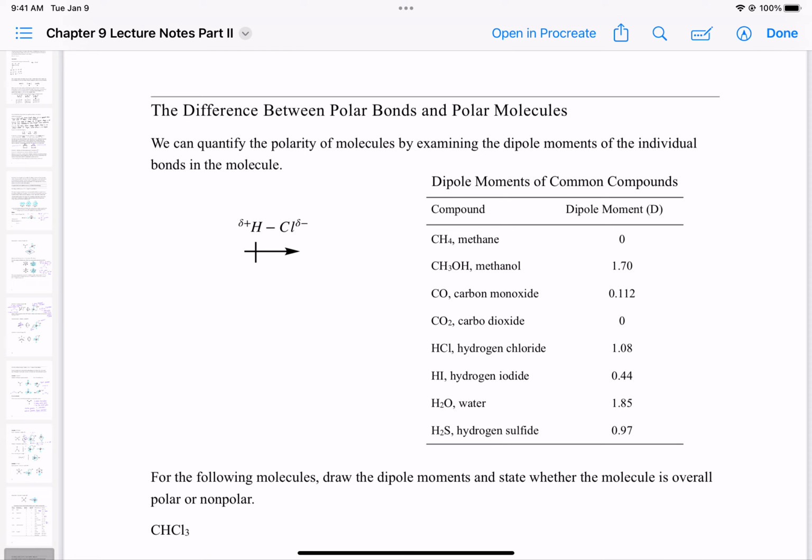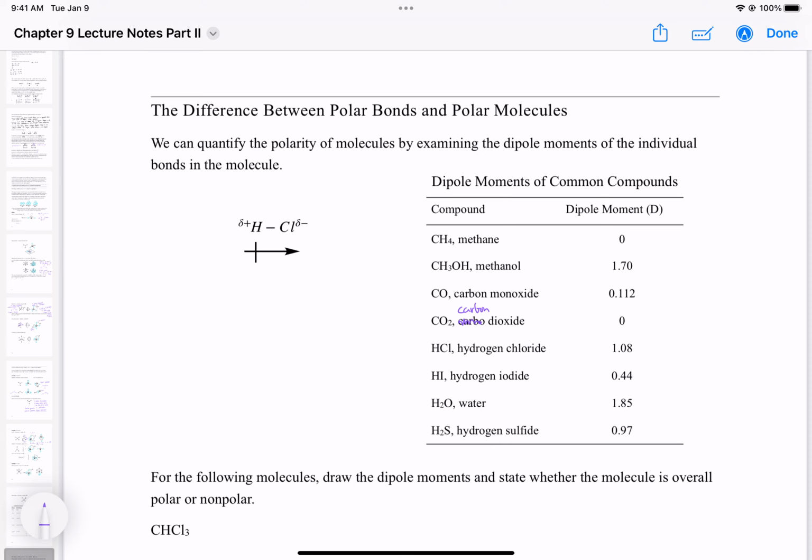So here are some dipole moments of common compounds. As you see here, the more symmetric you are, the less of a dipole you have. So methanol, then carbon dioxide. And symmetric molecules like CO2 don't have a dipole, so that's why they're zero.